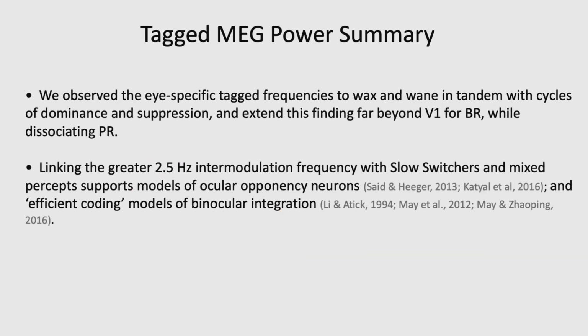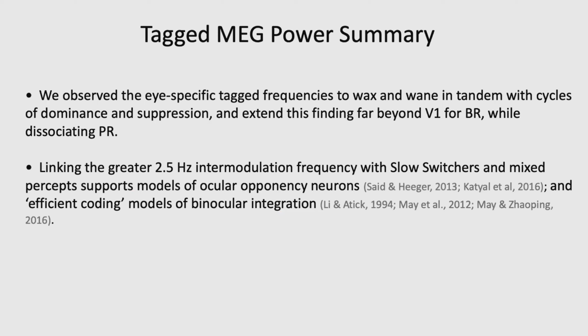So my interim summary here would be that we observed the eye-specific tags to wax and wane in tandem with rivalry, and we extended the finding far beyond V1, which has dominated the older literature. And we linked that intermodulation frequency with slower switchers and mixed percepts.